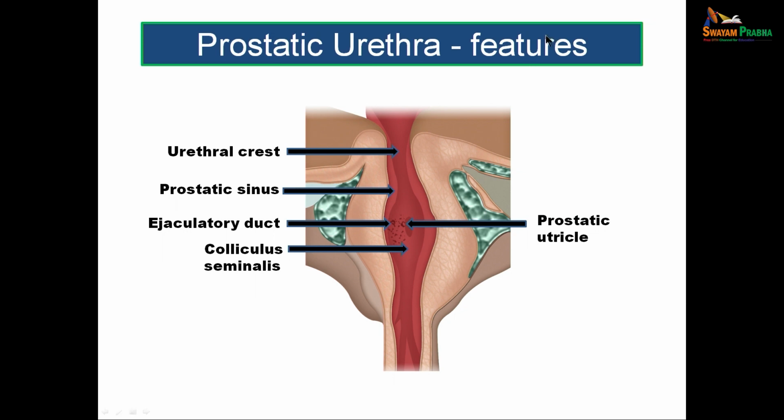This is formed by the urethral crest. In the center of the urethral crest you find an enlarged rounded elevation. This is called the colliculus seminalis. The other name for colliculus seminalis is verumontanum.